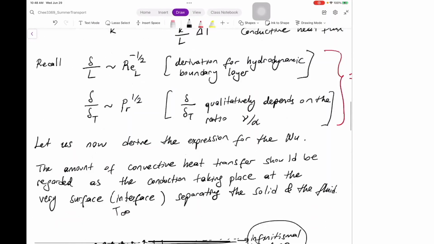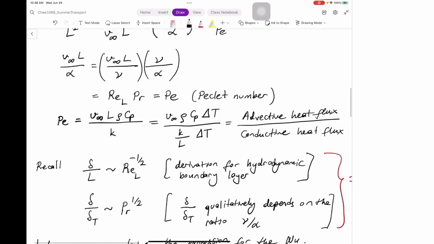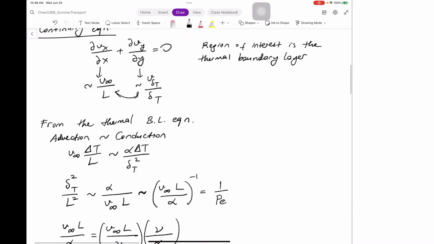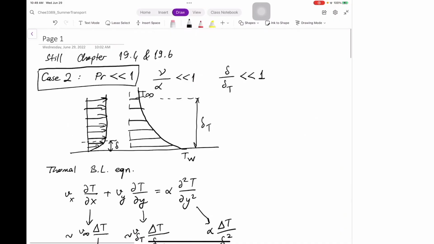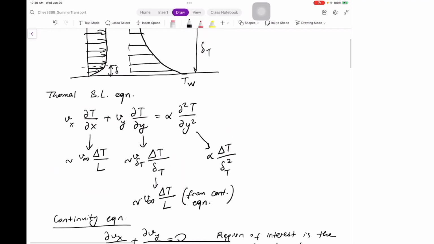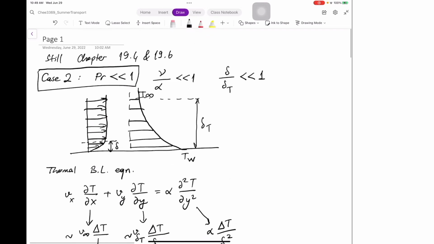Because delta over delta t is less than 1. Here it says delta over delta t is much less than 1. So I'm assuming delta is less than delta t. Did we make use of it? That's what I'm asking. I don't think so, no. Okay.